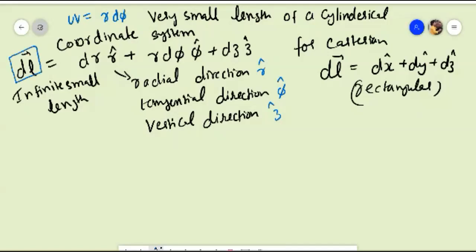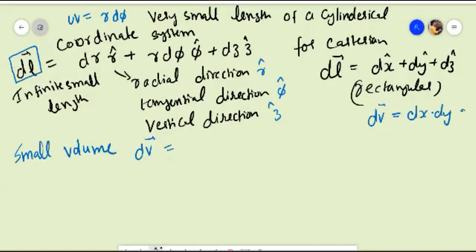Okay, now suppose we want to find the small volume, given by dv. Now we know that for Cartesian the volume dv was very easy. It was equal to dx into dy into dz. But for the cylindrical coordinate system, it will be entirely different.